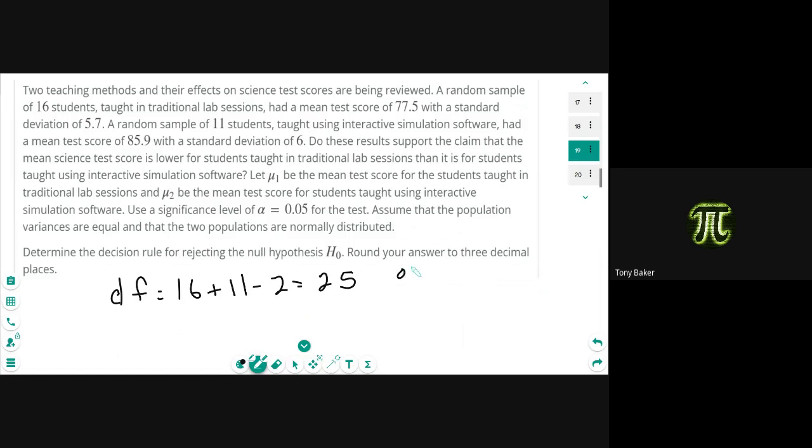It is one tail at 0.05. So my rejection region is going to be less than negative 1.708. That's step 3.